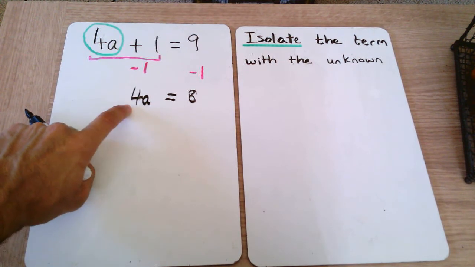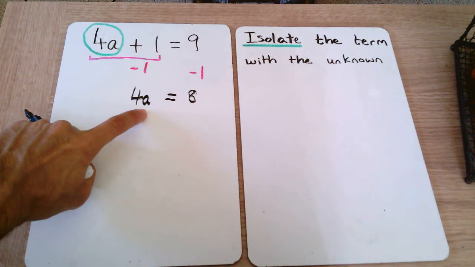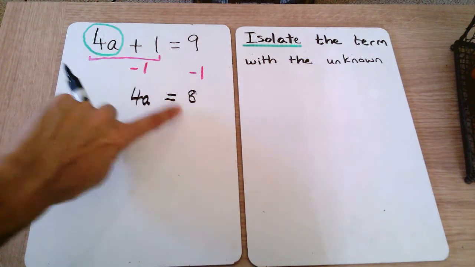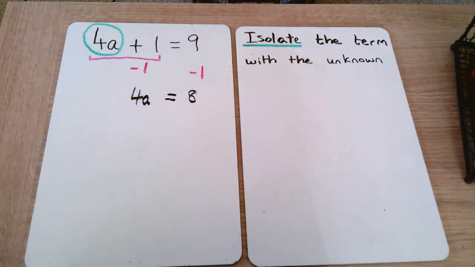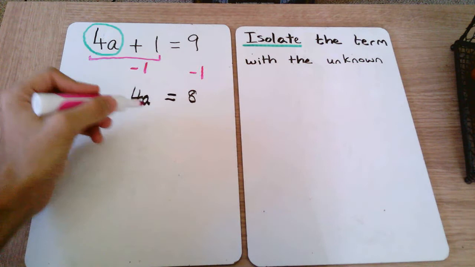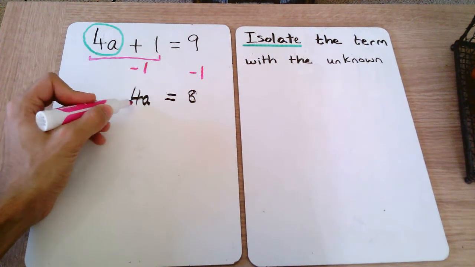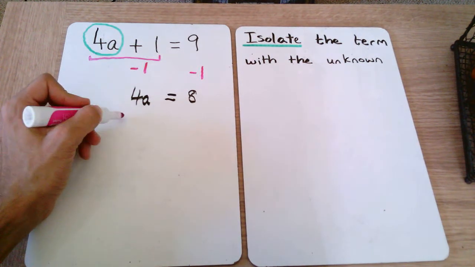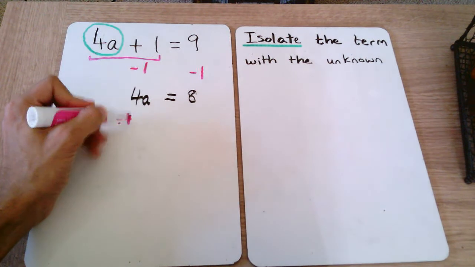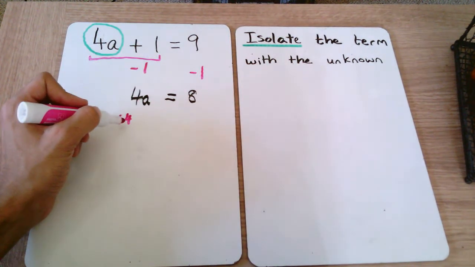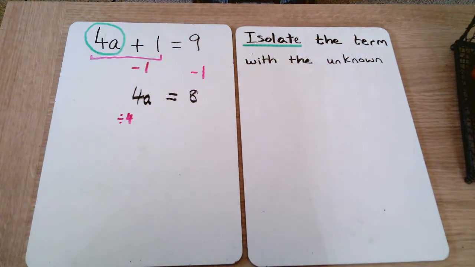What this means is 4 times a value is equal to 8. Some of you may say, oh, okay, I know what that is straight away. That answer is 2. But again, we need a process to work this out. If I'm multiplying this side by 4, to get rid of a multiplication by 4, we do the inverse, which means we divide by 4. 4a divided by 4 is just going to give us a.